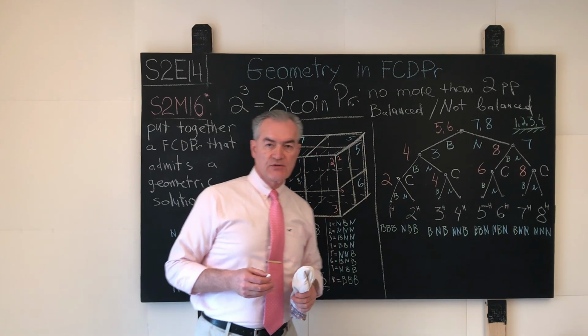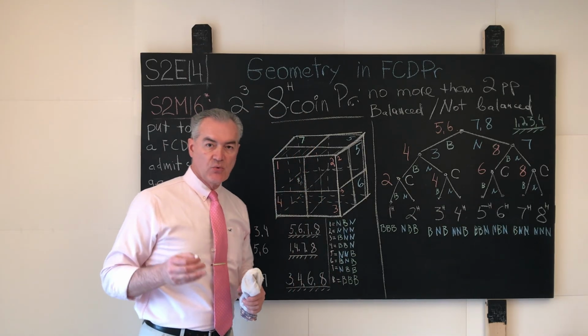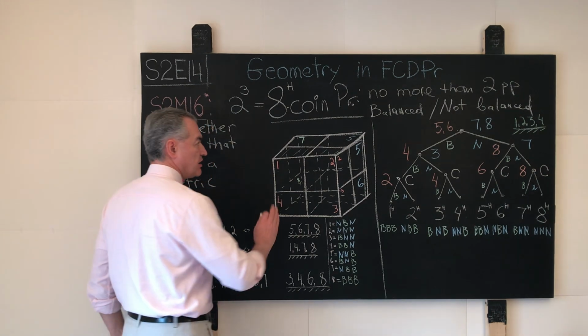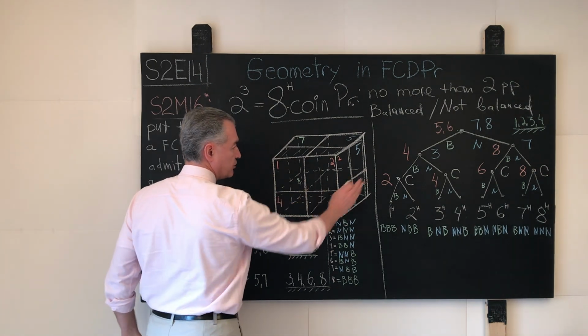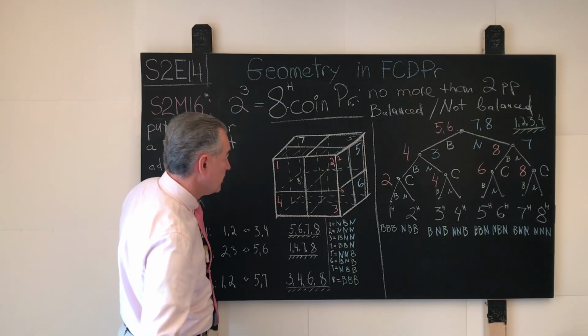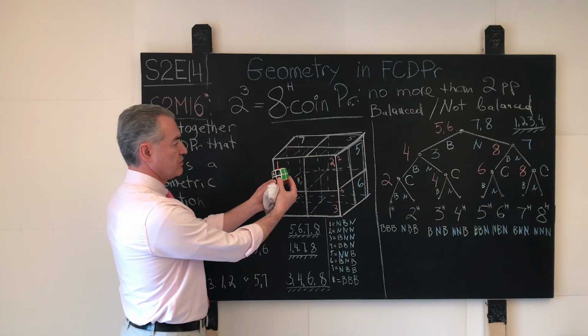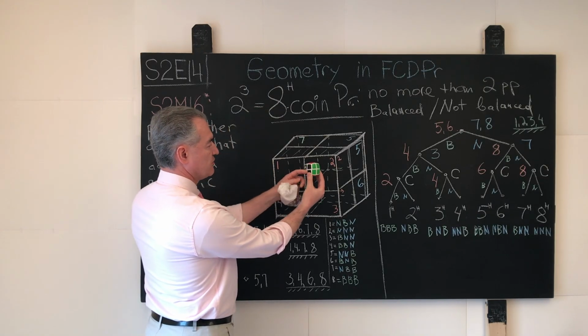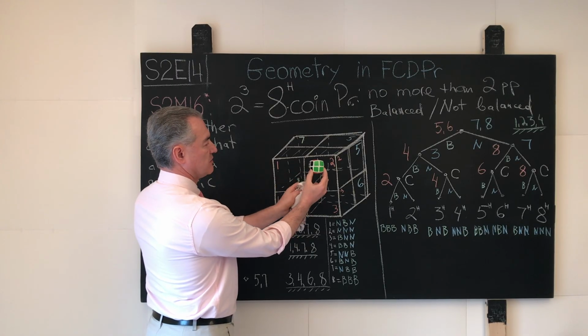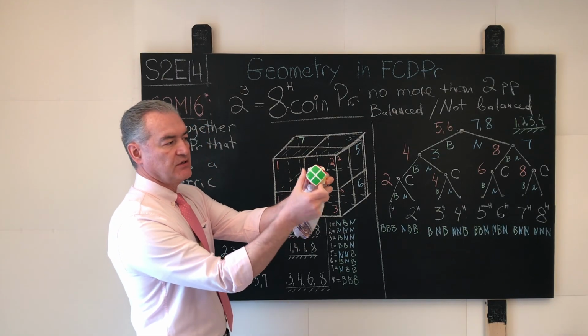Very well, let us agree that for the second weighing, we will pick the right face of that cube. If this is the front face, we will pick this face right here.